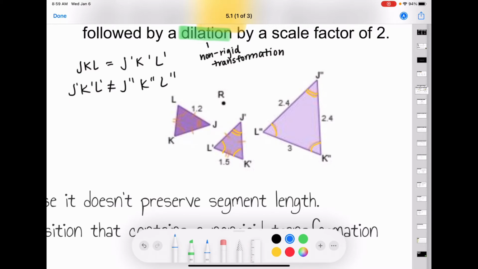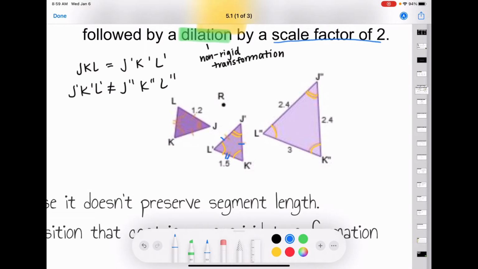If we increase the scale factor of this line segment by 2, a scale factor of 2, then our corresponding new line segments must be 2 times the original line segment. So as you can see here, we went from 1.5 to 3, where 1.5 times 2 equals 3.